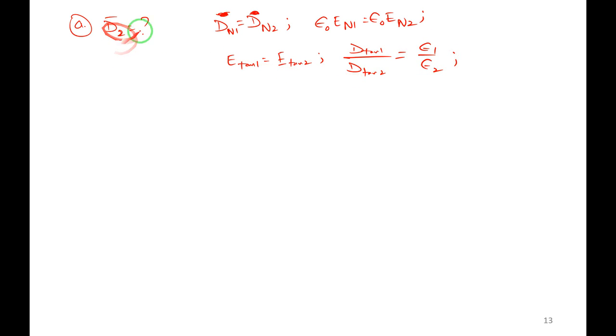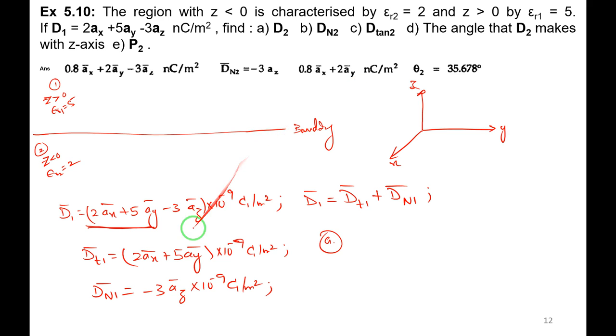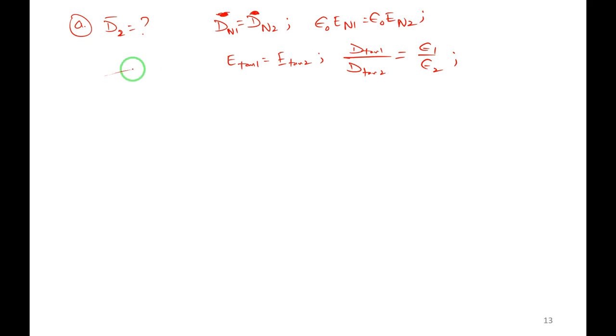Can I make use of this? Yes, I can make use of this now. D2 they have asked. I can find D tan 2 from this. Then the D2 vector is nothing but the tangential component D tan 2 plus the normal component Dn2. Call this equation 1. So we'll find D tan 2 and Dn2. The first is tangential and the second is normal.